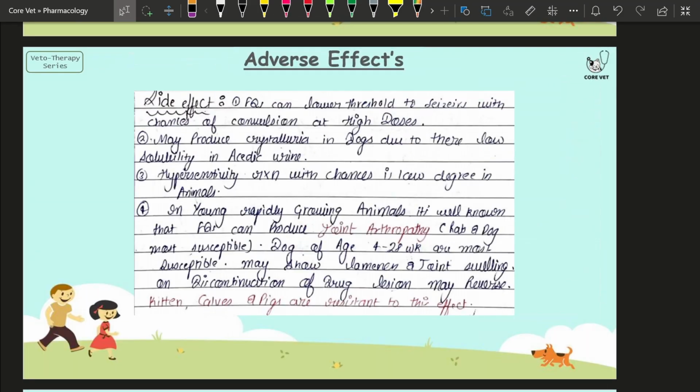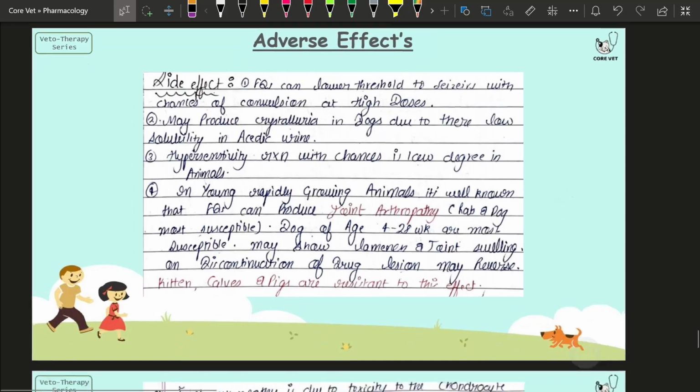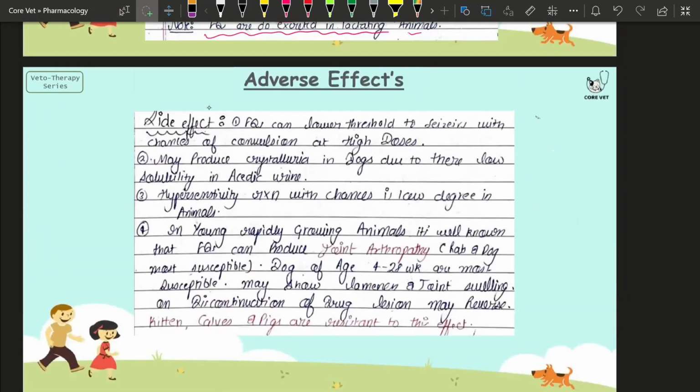So if we talk about the adverse effects now, the fluoroquinolones at higher doses lower the threshold value for the induction of seizures and convulsions. Means there is a certain value in the body at which seizures and convulsions occur, right? But what happens when you are giving higher doses of the fluoroquinolones?